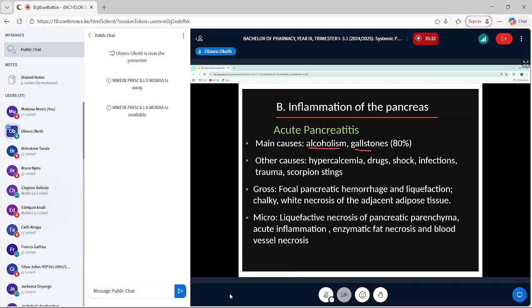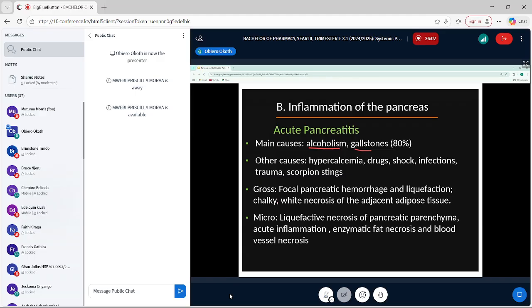Grossly, you get hemorrhage because of digestion of the blood vessels by the elastases. You get liquefactive necrosis. You get fat necrosis. And then when this fat is necrosed, you form a complex fat. When you deposit calcium in complex fat, you end up with a chalky, soapy substance.